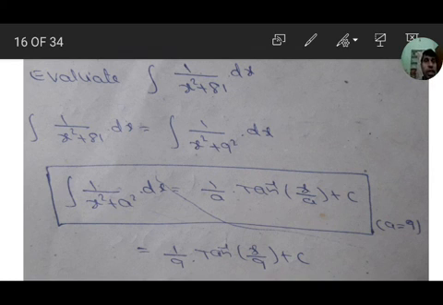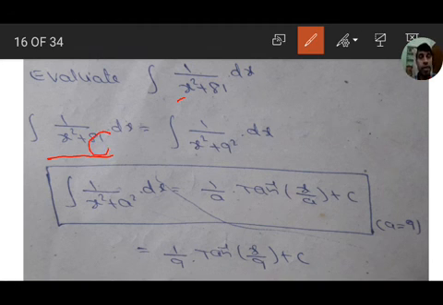Evaluate integration 1 by x square plus 81 dx. Here already x square coefficient is 1. So 1 by x square plus 81 dx, where 81 can be written as 9 square. So integration 1 by x square plus 9 square dx.